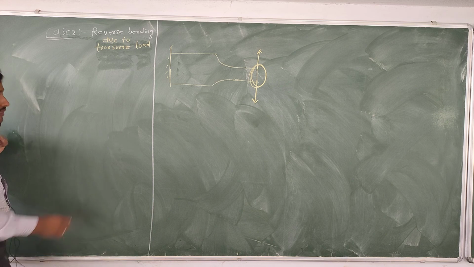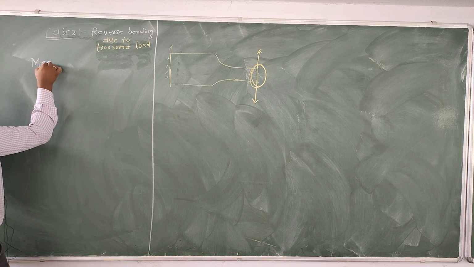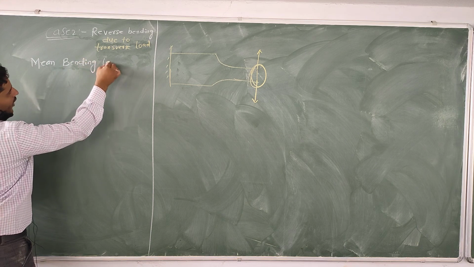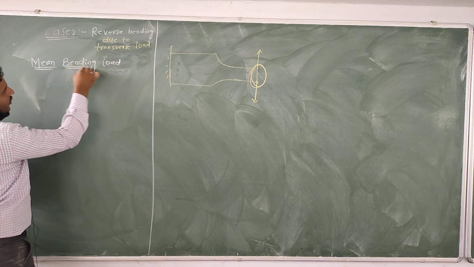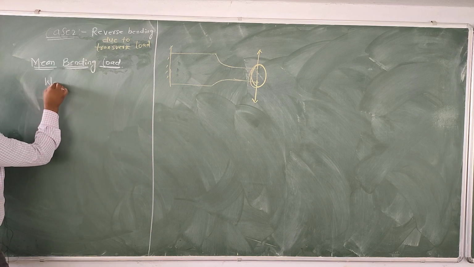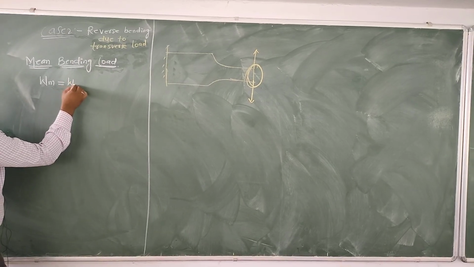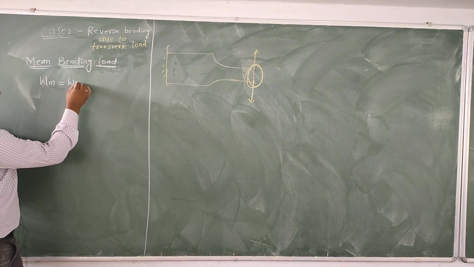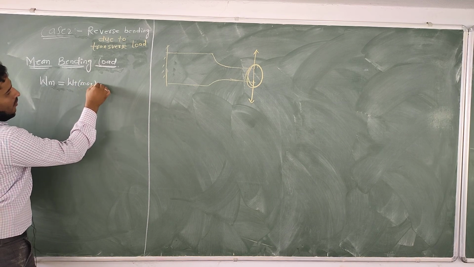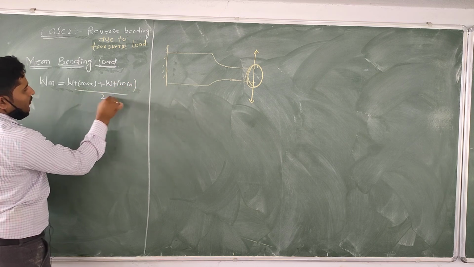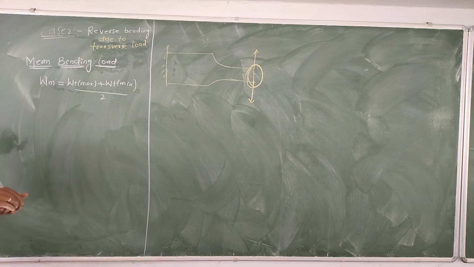Then we need to find out the maximum load or mean load. In this case, the first thing is we need to find out the mean bending load. For the mean bending load, which formula we have to use? Wm equal to Wt maximum plus Wt minimum by 2. Already we have discussed, is it right? Then Wt maximum, how much we got here?